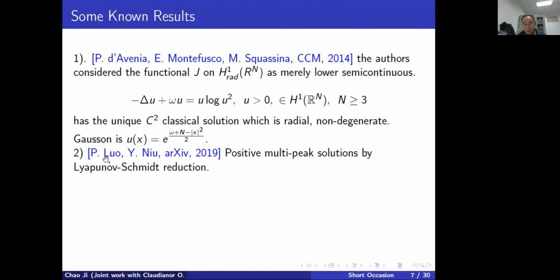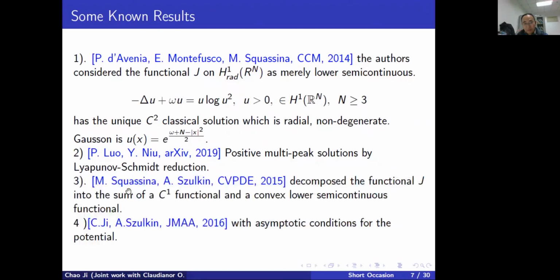For example, in this paper by Luo Pen Niu, they consider the singularly perturbed problem. In this paper, the potential V(x) has L different critical points, which are nondegenerate. It's a very important assumption.